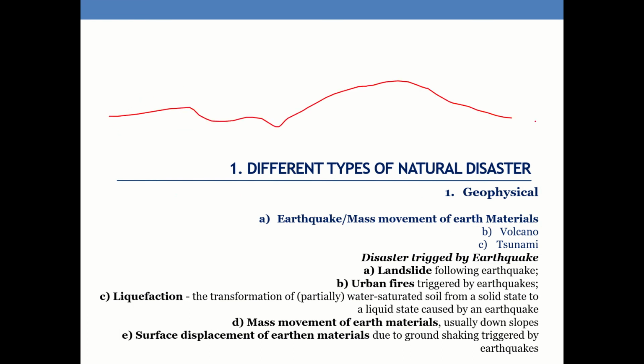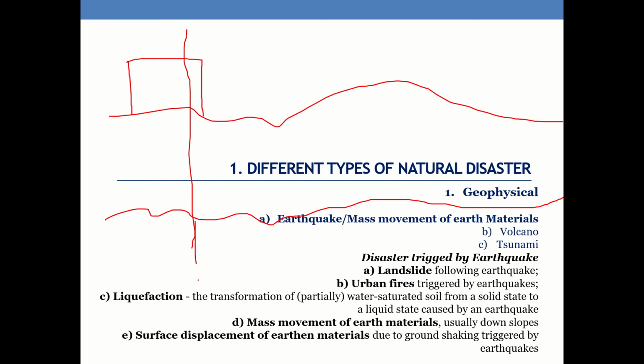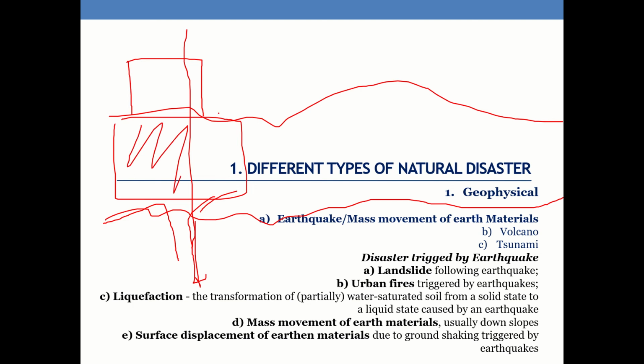Let's say we have some terrain like this, and we have built buildings here, and underneath there is some fault line, and as a result of the earthquake, the soil underneath the building, this part, may lose its strength.